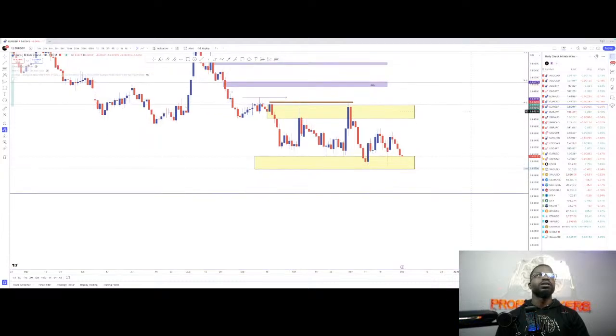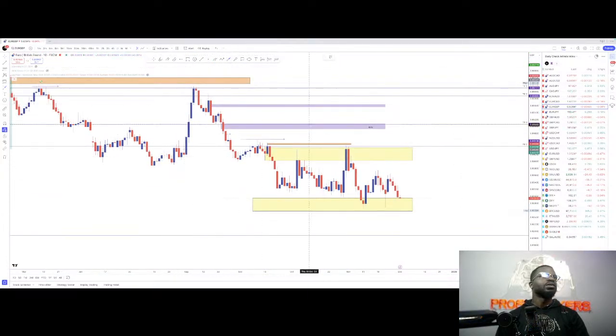Okay. So again, we got liquidity right above this area here. There's a good chance that we could see a retest of the highs before the breakout actually happens.